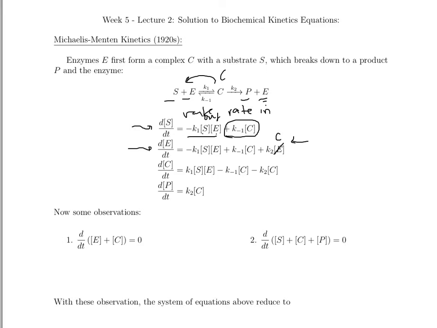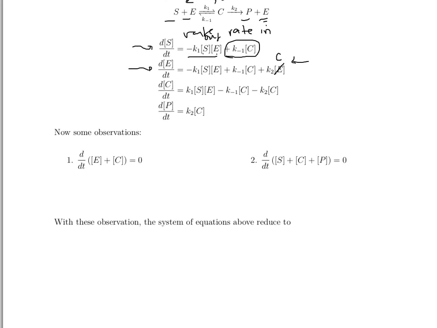Notice that if we add the second and third equation together, the negative and the positive mass action terms cancel. These two cancel, the net middle terms cancel, the last terms cancel.